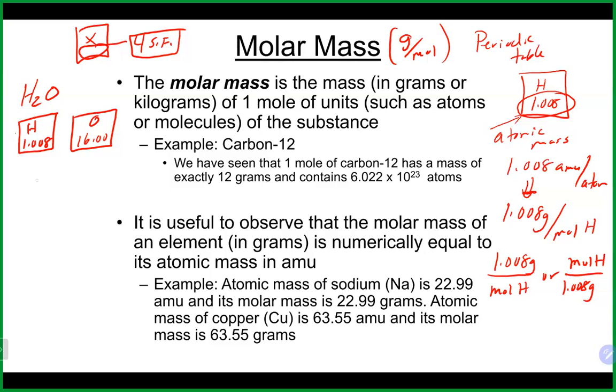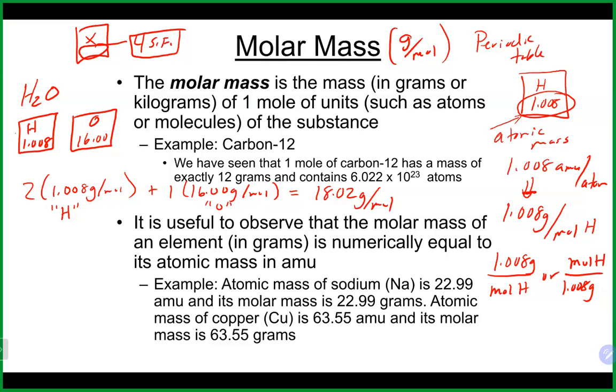So there are 2 hydrogens, each at 1.008 grams per mole. That represents basically the molar mass of the hydrogens there in water. We're going to add it to basically 1 times the molar mass of oxygen, which is 16. You don't really need to multiply it by the 1, but if you like to, you can. That gives us a molar mass for water of 18.02 grams per mole. Again, it is 18.02 grams per 1 mole.